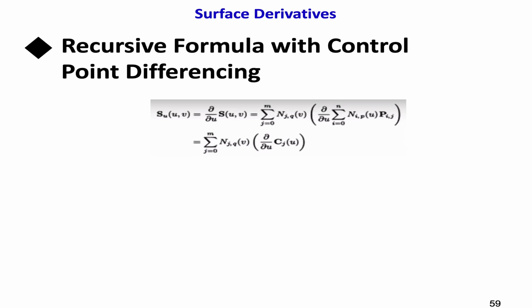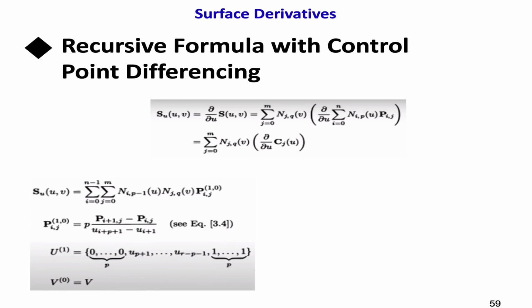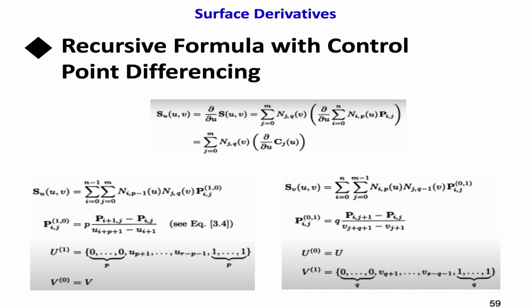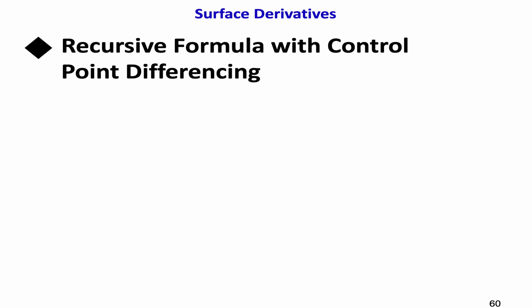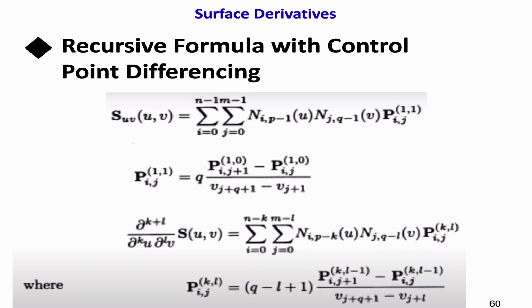If we differentiate the common equation of the B-spline surface with respect to u, we get the left equation, and if we differentiate it with respect to v, we get the right equation. If we take both into account, we get this final equation with respect to both u and v.